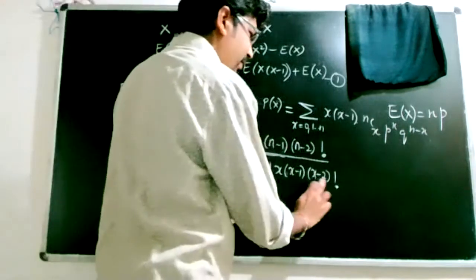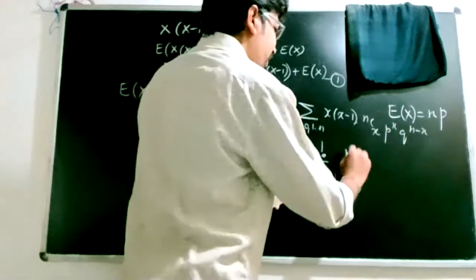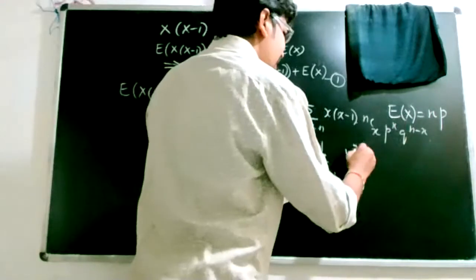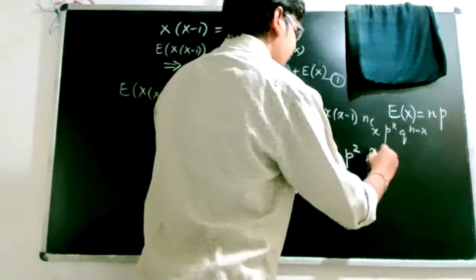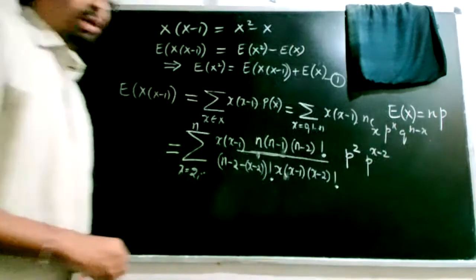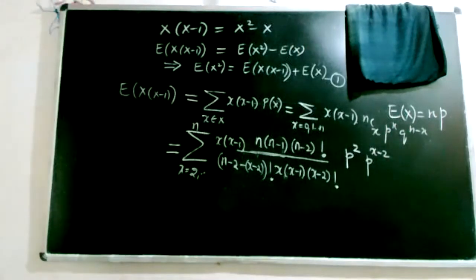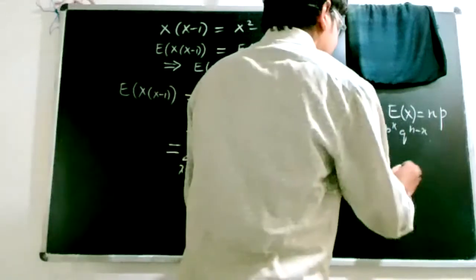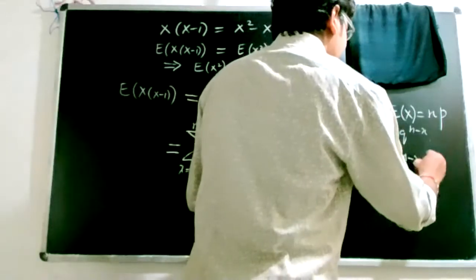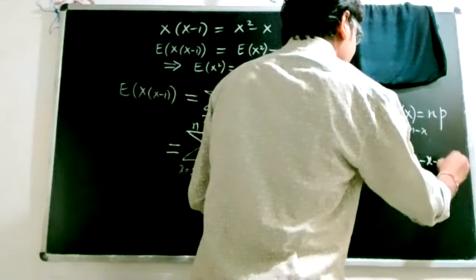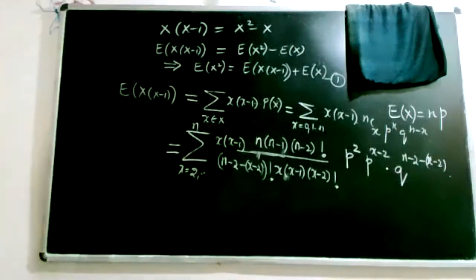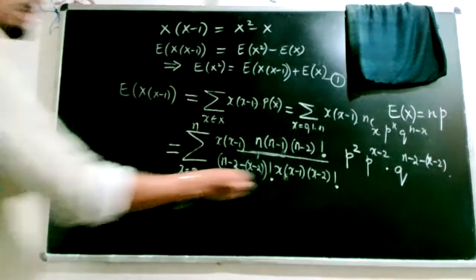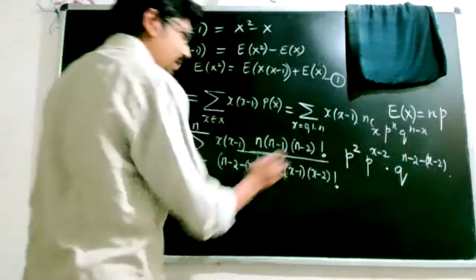Since I have x minus 2 left, my p power should be x minus 2. So I'll split the power of p as p square into p power x minus 2, and q power n minus x can be written as q to the power of n minus 2 minus x minus 2. I'm just adding and subtracting 2 there. When you simplify this, you'll get back your n minus x itself.